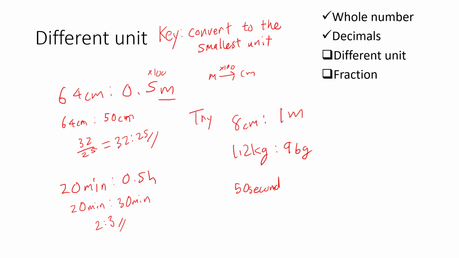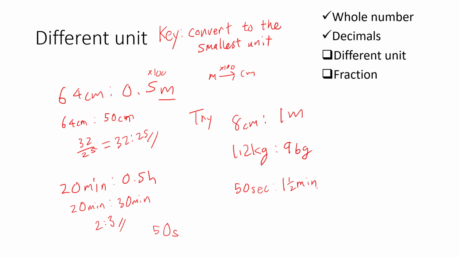Okay, normally second, right? I will just write it like this. But just keep in mind that the unit for second is actually just s. So if I have 50 second, it should be written like this. Alright, is to 1.5 minutes. So go and try to do this on your own. Pause the video.